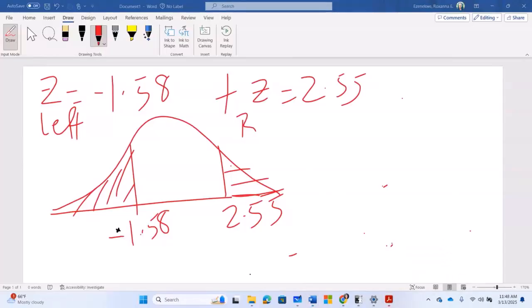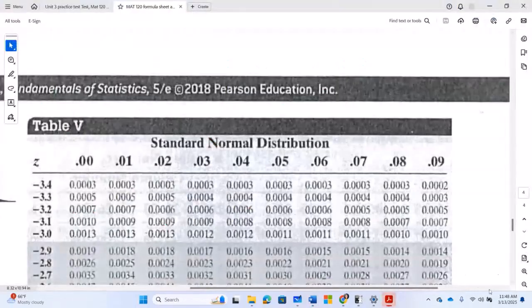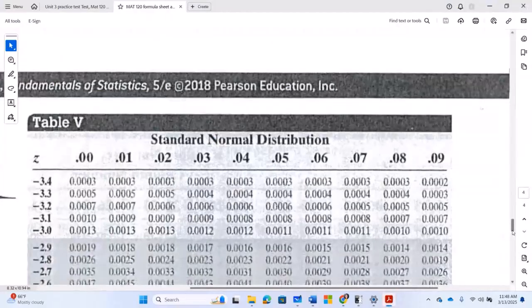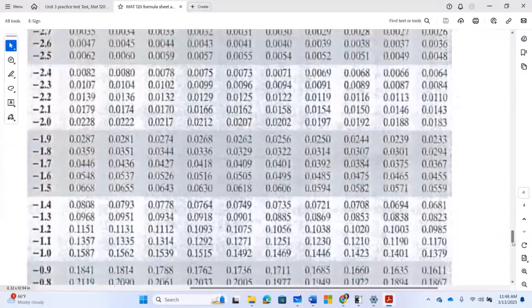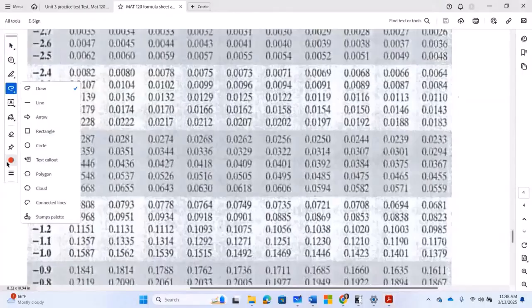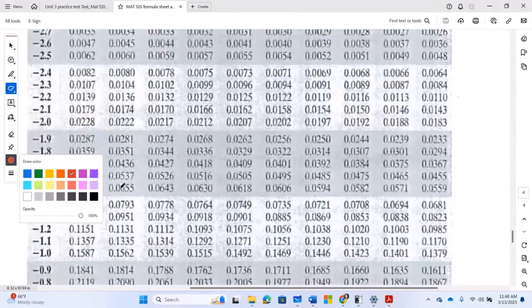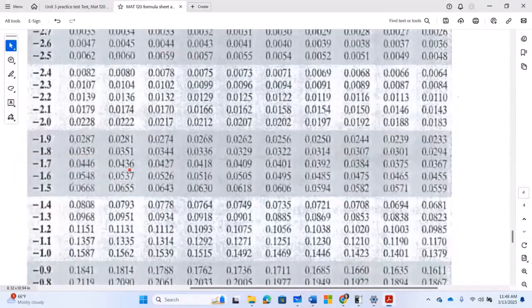So for negative 1.58, negative 1.5. Okay, so this is negative 1.5, and then 0, 1, 2, 3, 4, 5 right here.